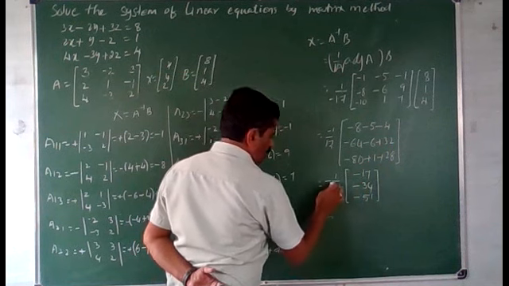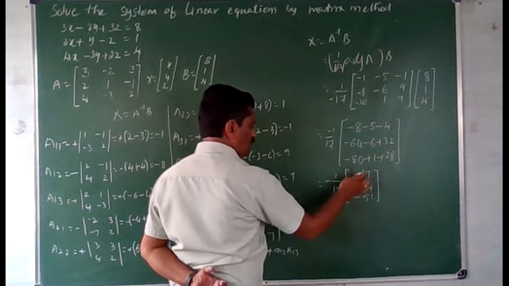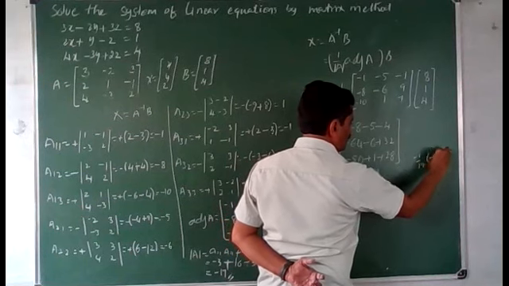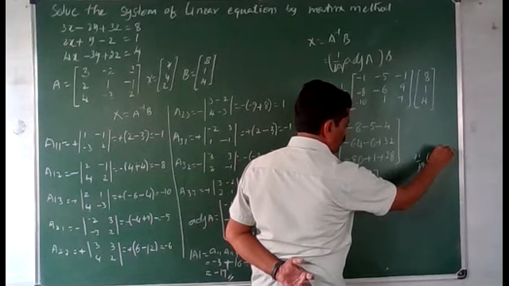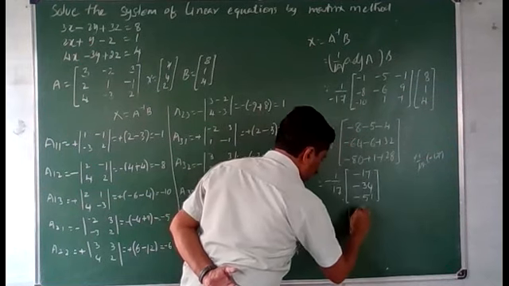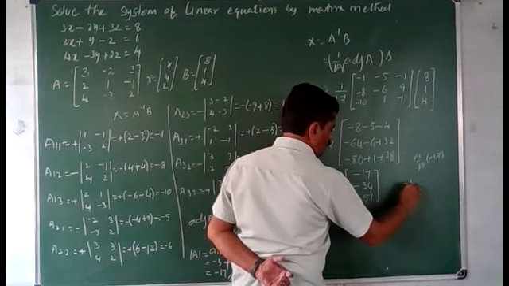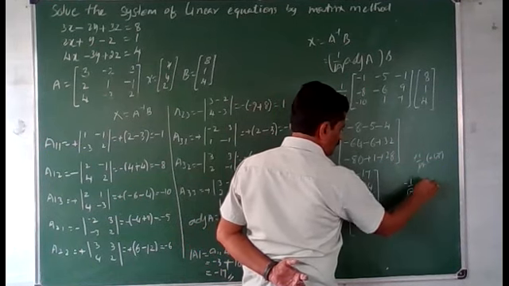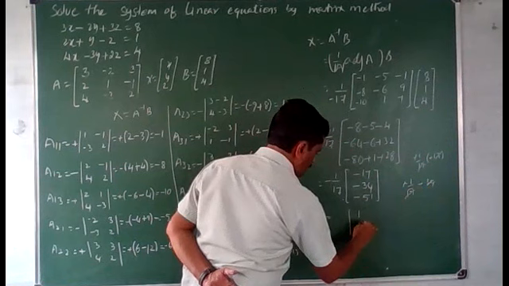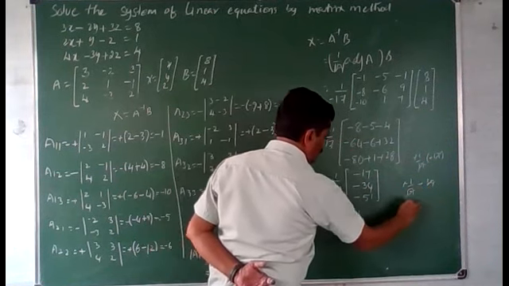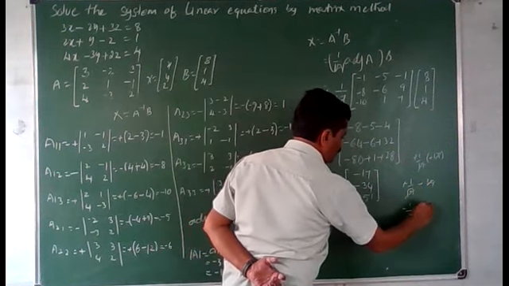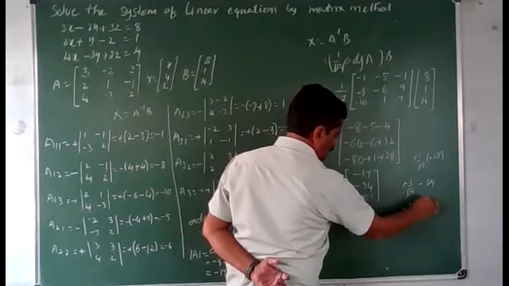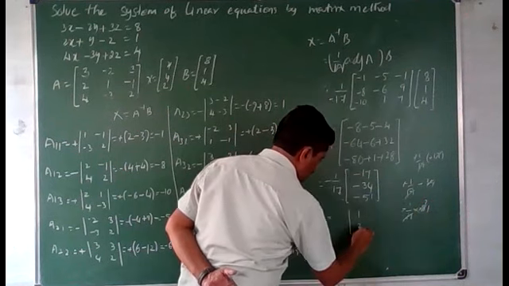That is minus 1 by 17 into minus 17, minus minus plus, 17 ones, that is 1. Again minus 1 divided by 17 into minus 34, 17 twos, minus minus plus, that is 2. Again minus 1 divided by 17 into minus 51, 17 threes, minus into minus plus, that is 3.